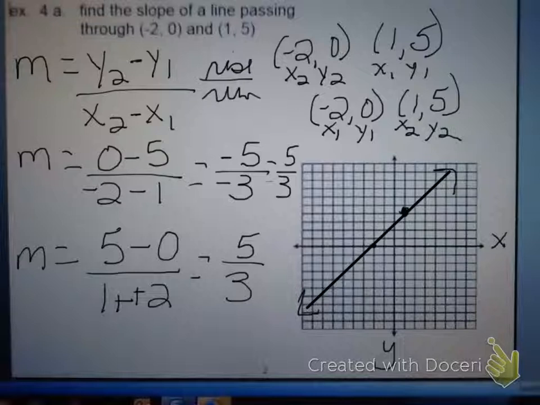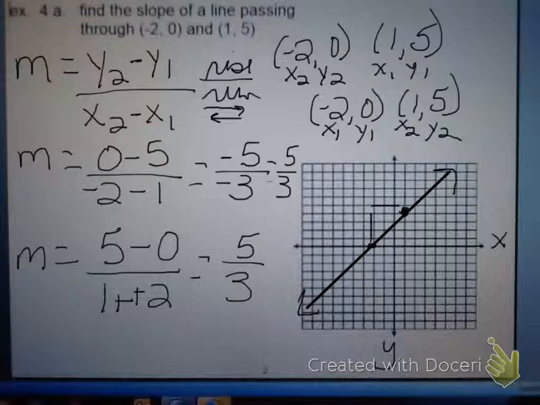If it's positive, you go up. If it's negative, you go down. Run means to the right if it's positive, or to the left if it's negative. So let's put our pencil on one point, and we're going to rise up 5 and to the right 3. So your slope is 5 over 3.